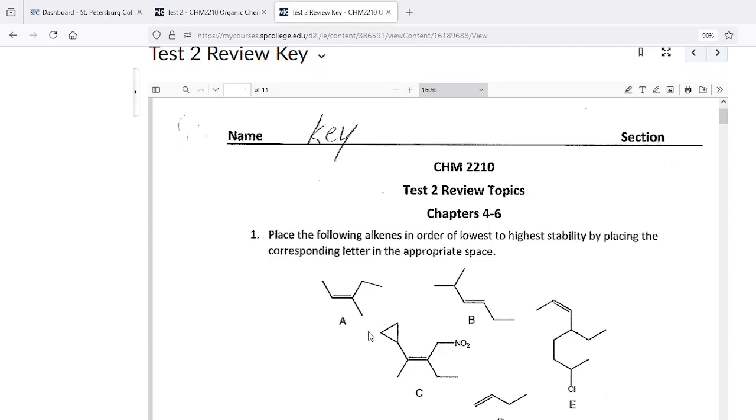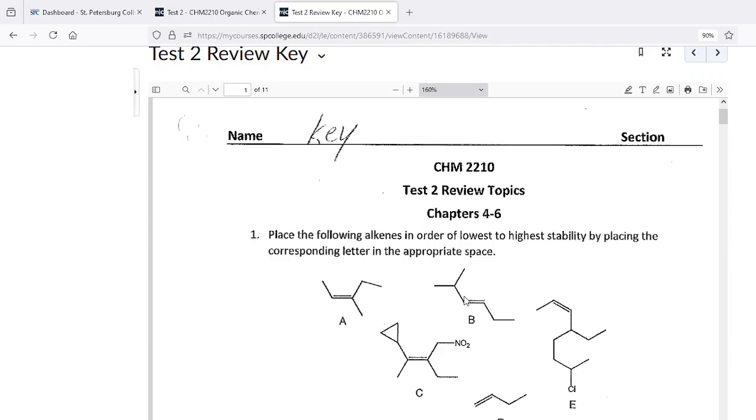The lowest stability will be D, which has 1 substituent. The highest stability is compound C, which has 4 substituents. After D, the second lowest one will be E. Notice that between E and B, they both have 2 substituents, but B is trans and E is cis, and cis is less stable than trans.